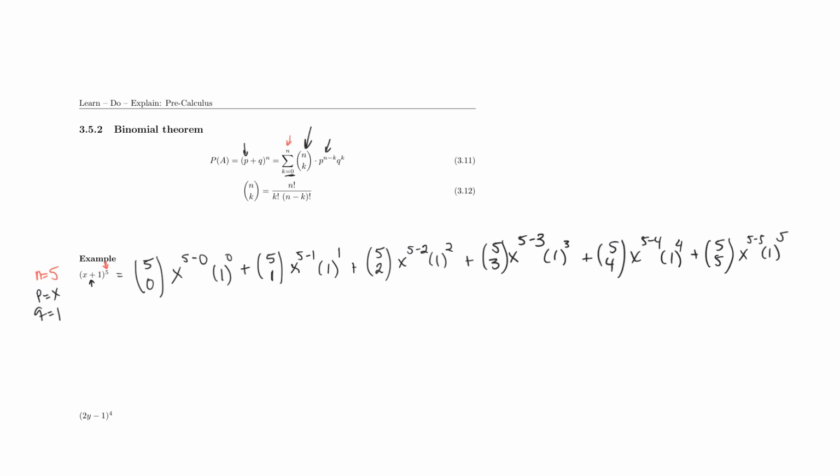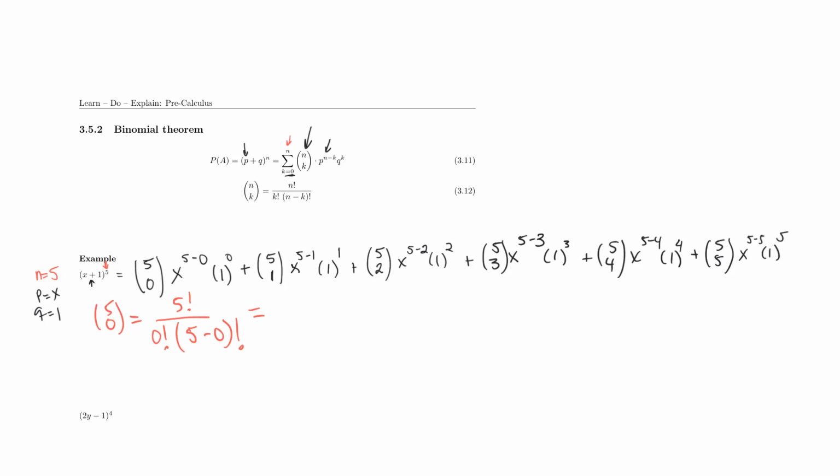So let's solve 5 choose 0. The formula says n factorial. What is n for us? The top number, right? In this case it will be 5. 5 factorial. Then k factorial. k will be the bottom number, so 0 factorial. And minus k, so 5 minus 0 factorial.